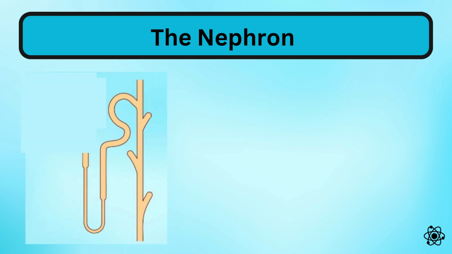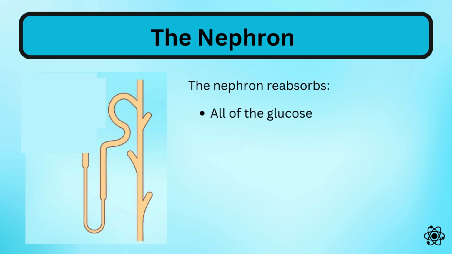Some of the filtrate, or substances that were forced out of the glomerulus, will be reabsorbed back into the blood further down the nephron, since they are useful. As the filtrate moves along the nephron, the nephron reabsorbs all of the glucose, some of the ions, and most of the water back into the blood.